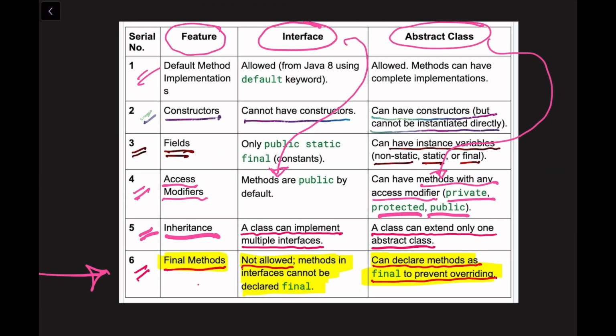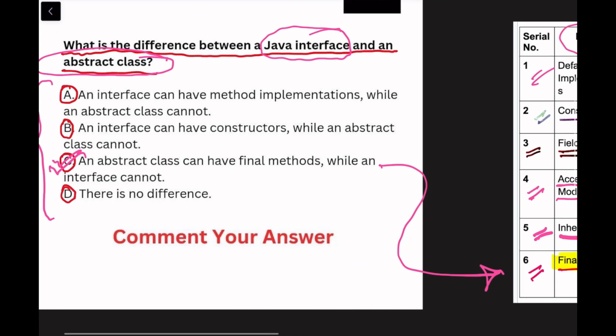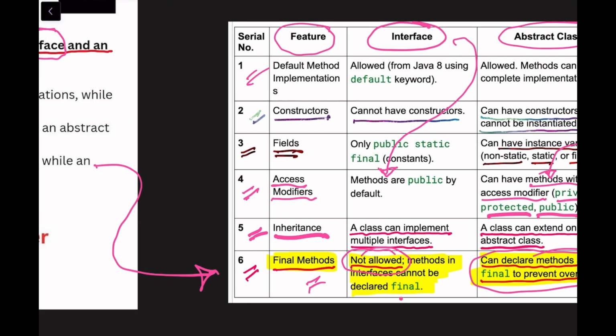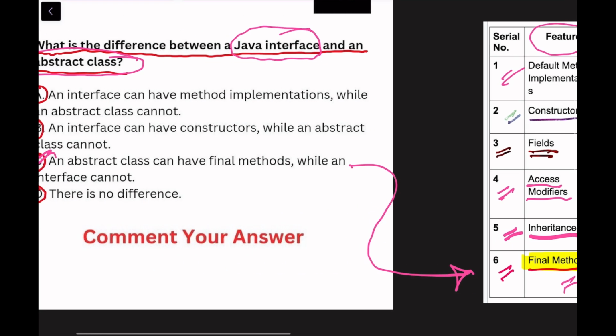Final methods are not allowed in interfaces, but are allowed in an abstract class, and option C is saying the same thing. So that is why option C is correct.